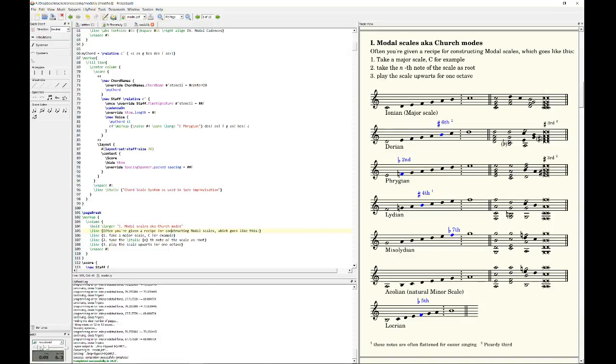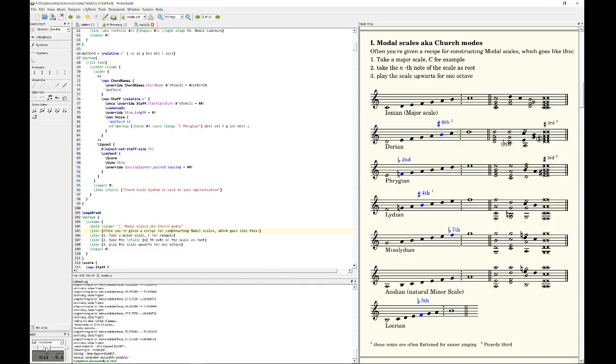Just pure major. And a Dorian scale would sound like this. It sounds a bit like natural minor, but the 6th step is raised. So if we had D minor, the 6th step would be a B flat, and we have a normal B, so the 6th step is actually sharp.